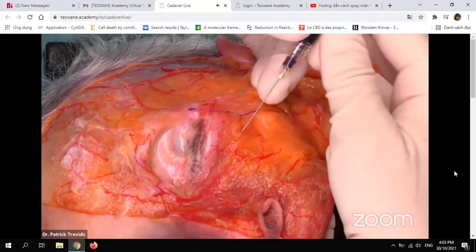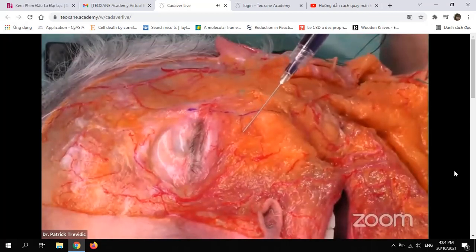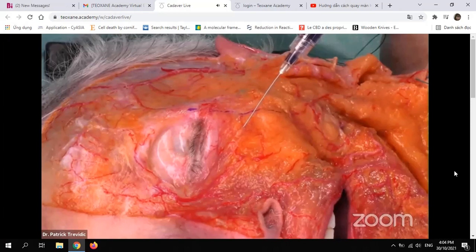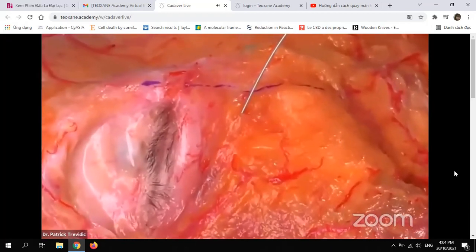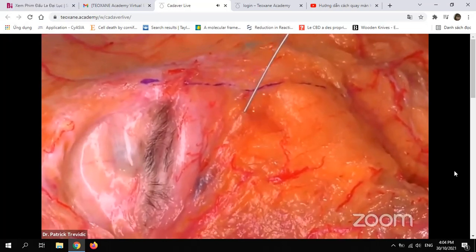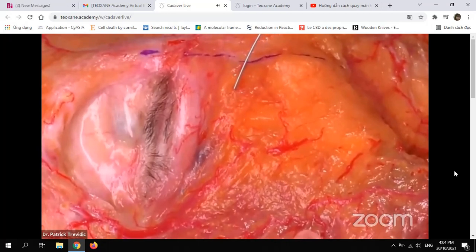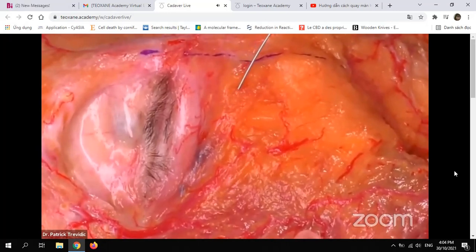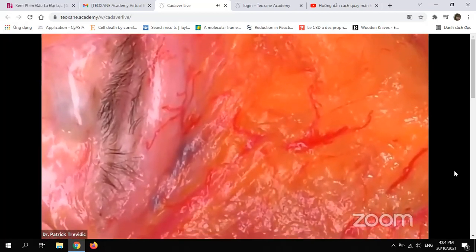And if I inject the blue HA of my syringe in this area, if we zoom a little bit in the tear trough area, you will see here the blue HA. If we go a little bit down, you can see the blue HA that is just inside the bone origin of the orbicularis oculi muscle, and this is where my injection is.